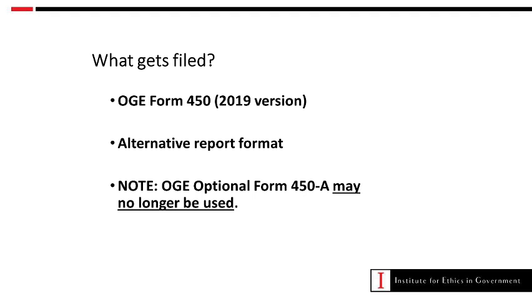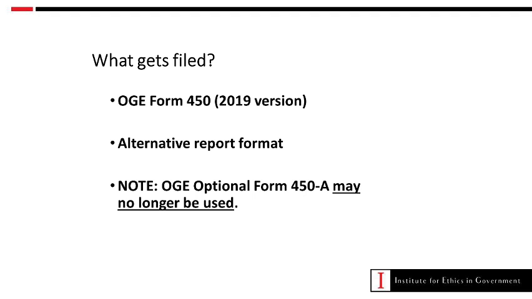Now, what we have told folks is that if you would like to craft your own version of what had been the form 450A, that would be considered an alternative reporting format, and you would have to go through the same sort of approval processes that you would for any sort of an alternative report or system. But if folks out there would like to craft your own, you may do so, but you simply may not any longer use the OGE optional form 450A.